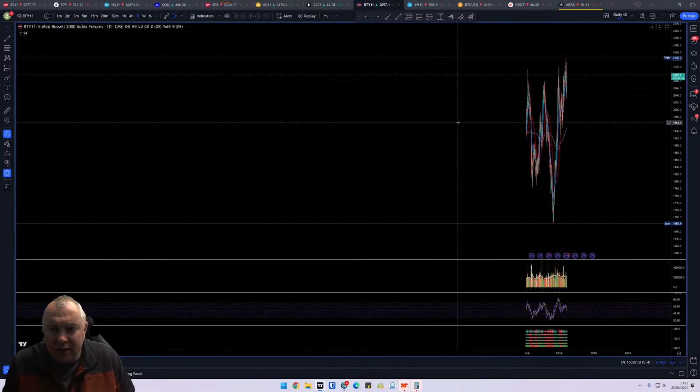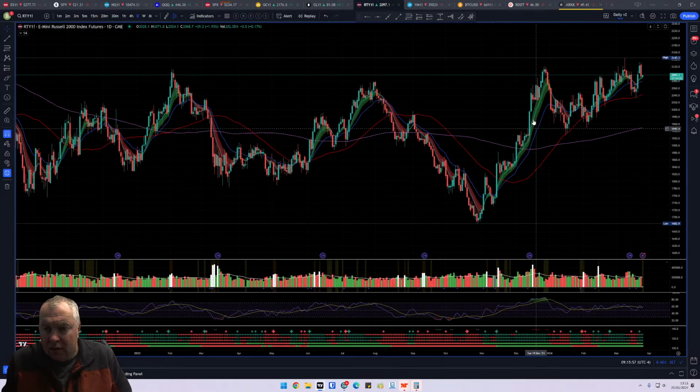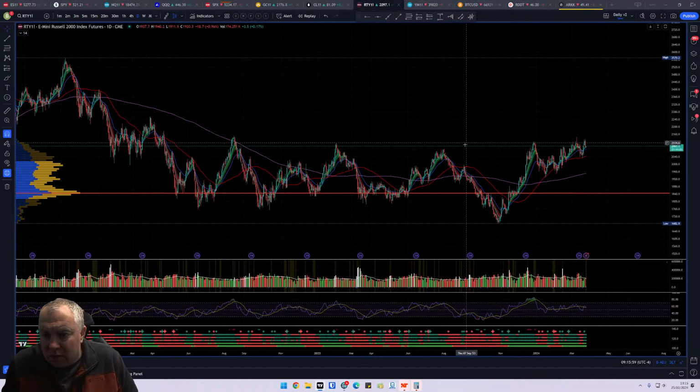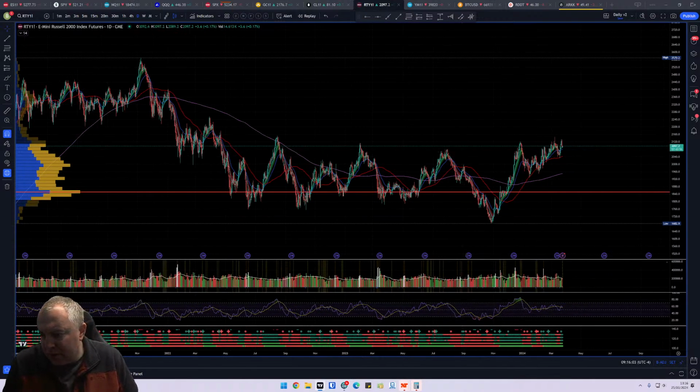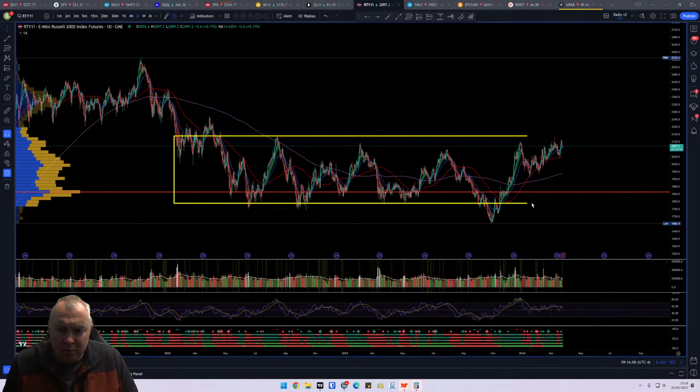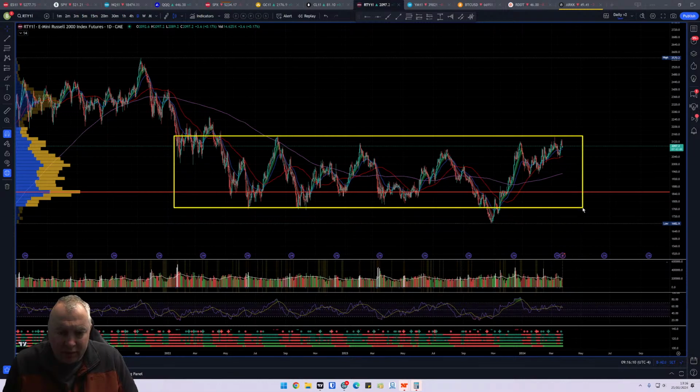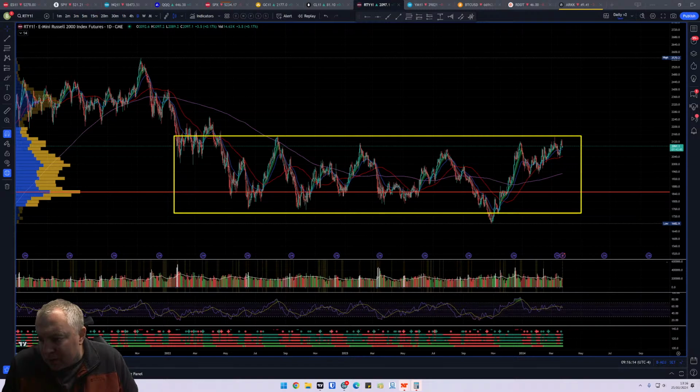Look at the daily. You can see we've been in this zone now for some time. We kind of can't get out of it. It makes it hard to go long when we're ranging between this area on the daily.